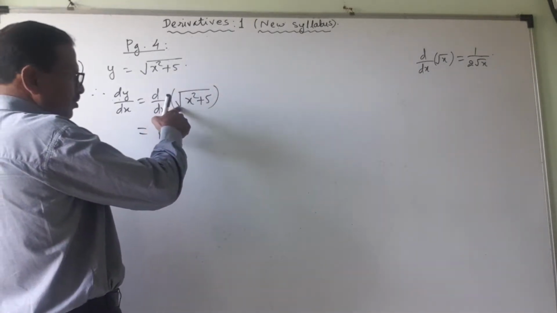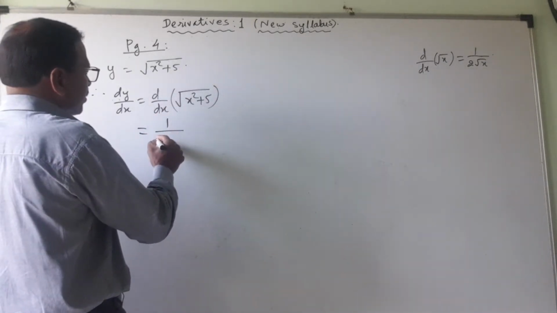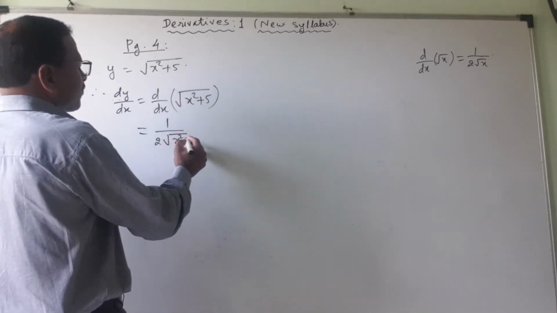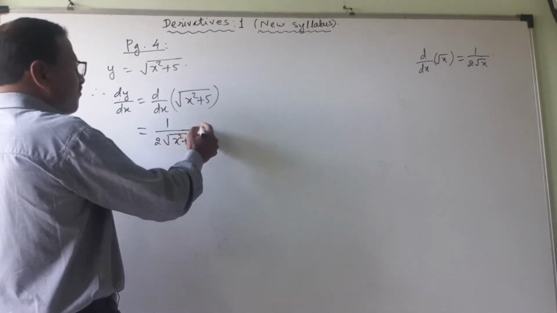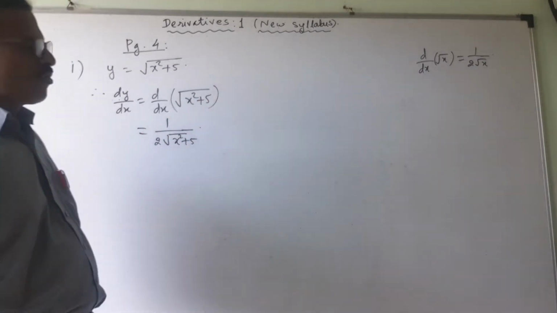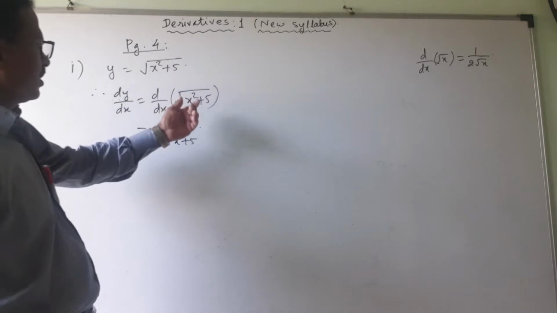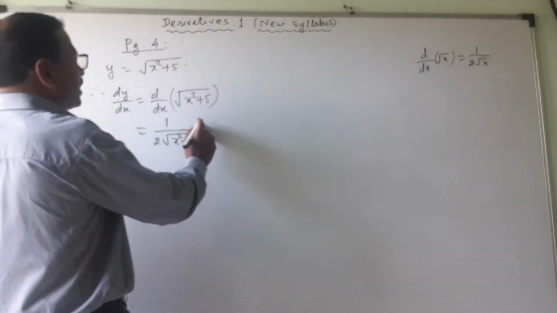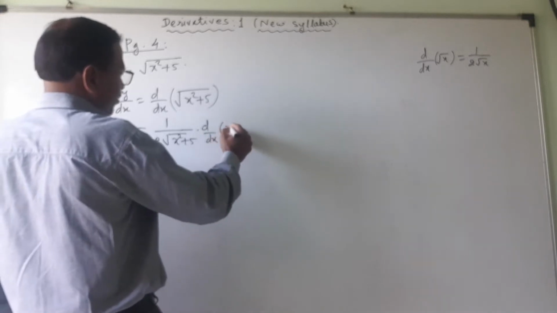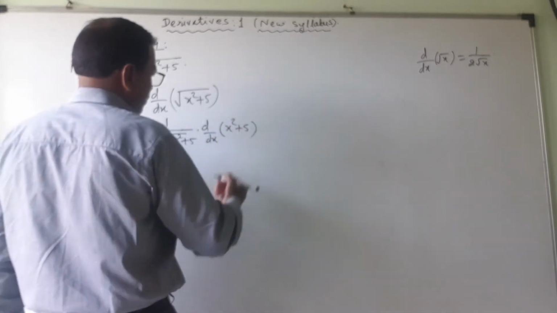So this is the root, so I will take its derivative and it will be 1 upon 2 root. What is in the root? X square plus 5. Now if it would be x, then our solution is over. But now in the root there is something else. So by the chain rule, I have to once again multiply by the derivative of x square plus 5.